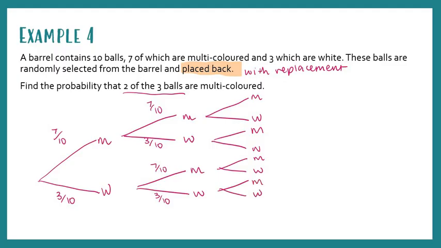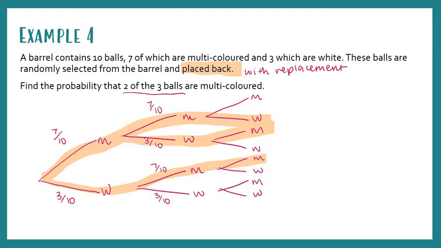So we want to find out the probability that 2 out of the 3 are multicolored. I can see that one of those branches is going to occur if I go MMW or MWM, and then also WMM. Right, so they're the branches that I'm following. And we end up with 2 of those branches being 7 out of 10 and 1 being 3 out of 10.